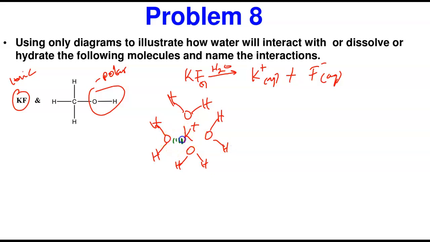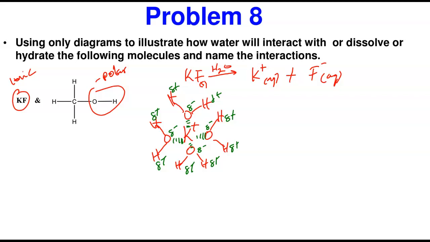So there will be an interaction here, and then you can decide to put your polarity. Hydrogen is partial positive and oxygen is partial negative. And then what about fluoride?